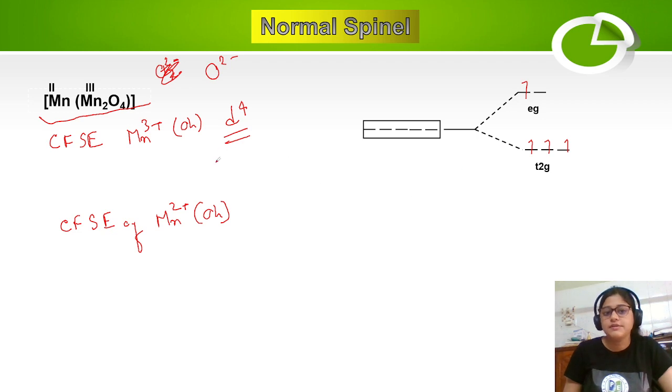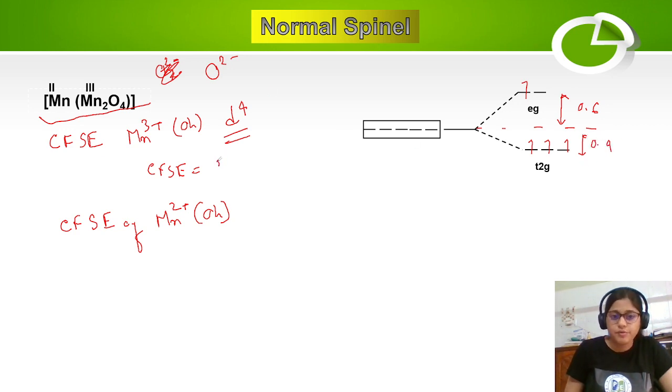What is the CFSE for this? This is 0.6 and this is 0.4, so CFSE = -0.4 × 3 + 0.6 × 1, in units of Δo.